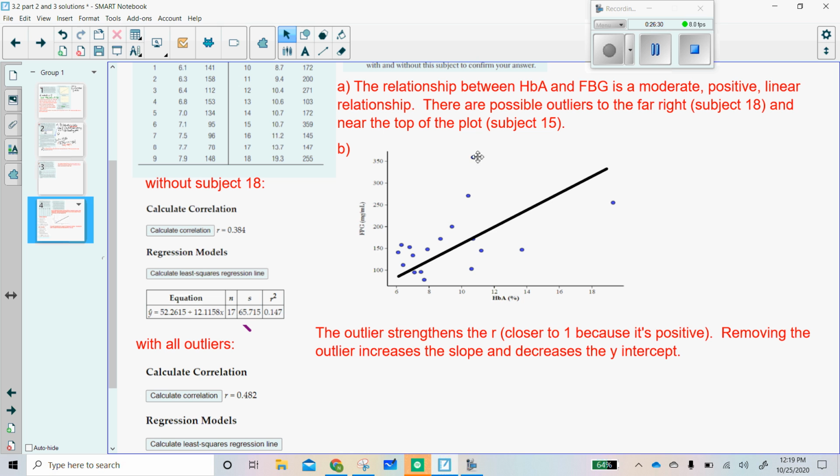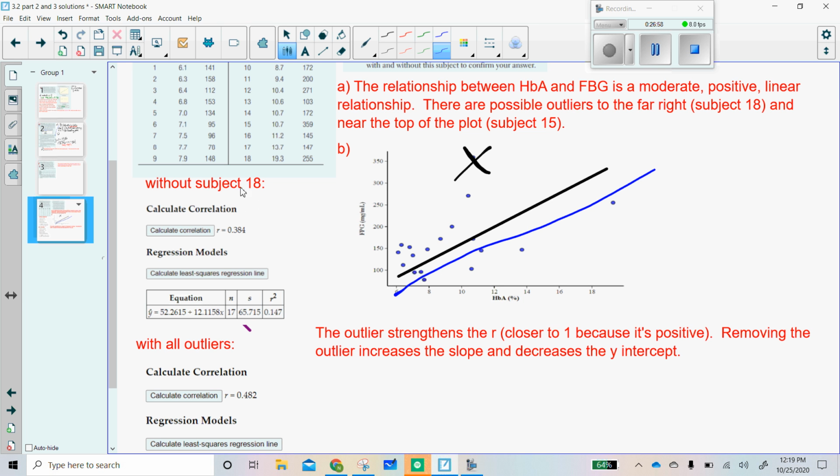If I were to take this point out, I don't imagine that the slope is really going to change very much, but to me it seems like the whole line would shift down. That's very dramatic, but because that outlier's in the y direction, I think it's pulling the least squared regression line up, and so if I take it away, it's going to make the least squared regression line go down. Probably not that dramatically, but let's see what happens.